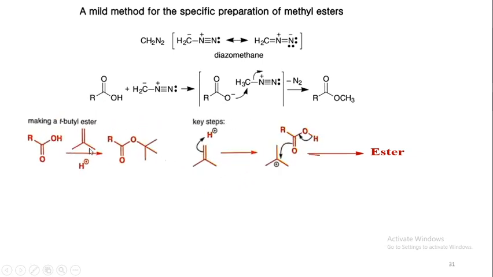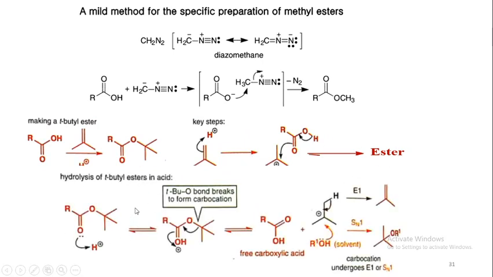Another method is by using isobutene in the presence of acid. When isobutene is reacted with acid, there is a formation of a carbocation by abstraction of a proton by this alkene. That is a tertiary butyl carbocation, and this tertiary butyl carbocation reacts with this acid and we get this ester.